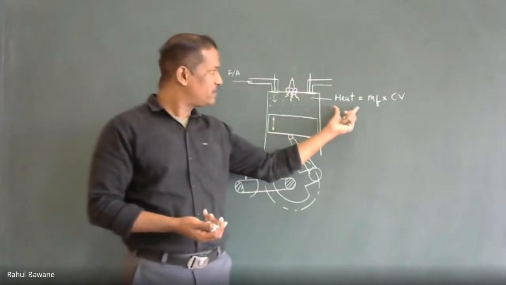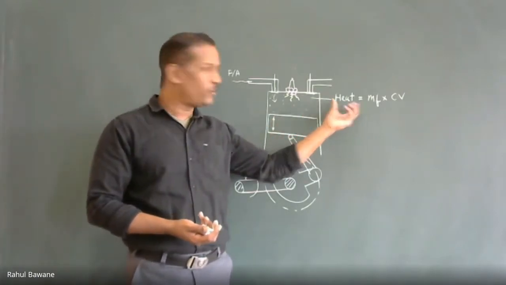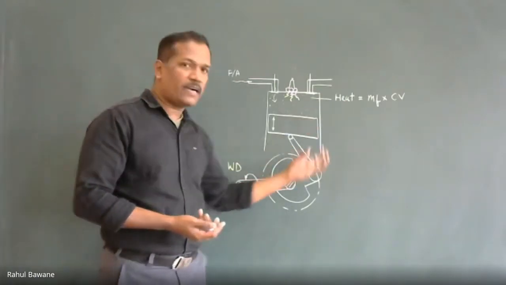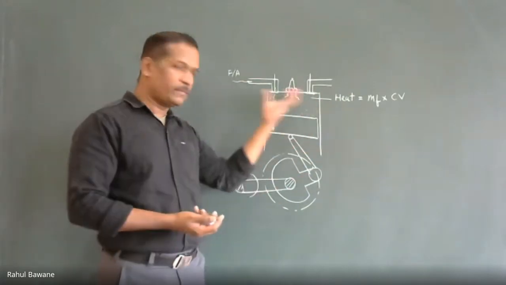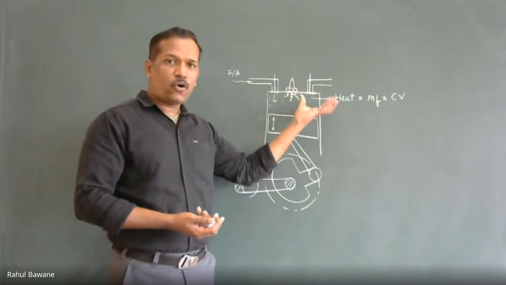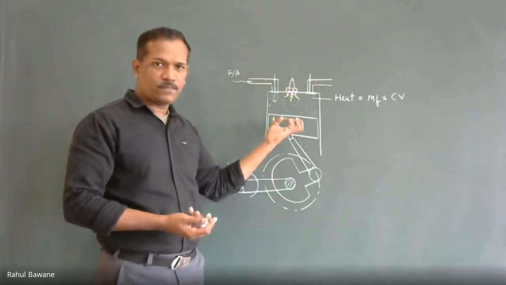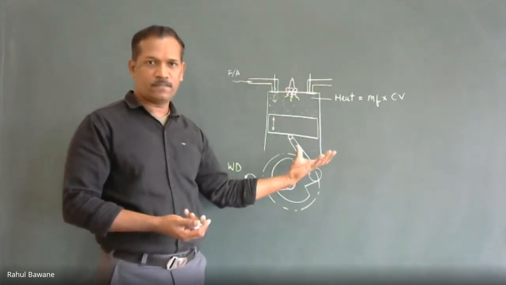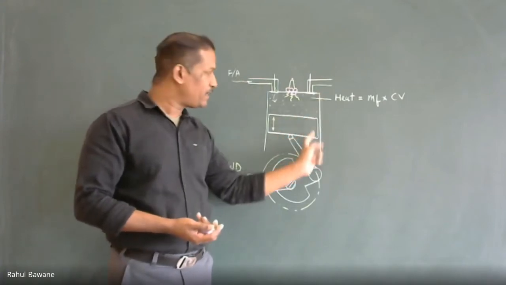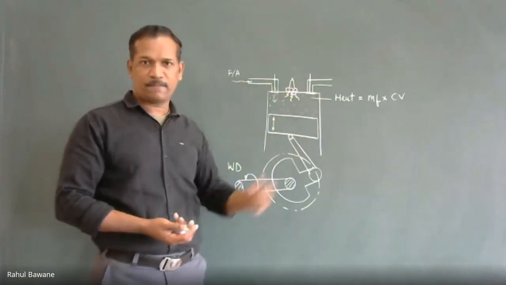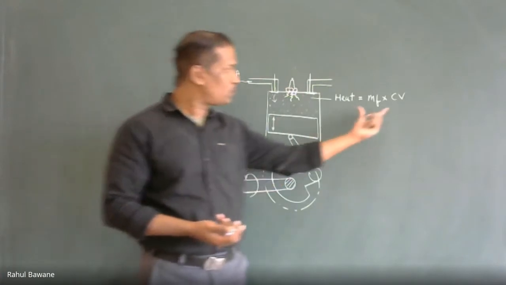As soon as this heat is generated by burning of fuel, your engine parts get heated up. No doubt it is a metal part, so all parts absorb some heat. So some heat is absorbed by all these engine parts. So no doubt the total heat is reduced.